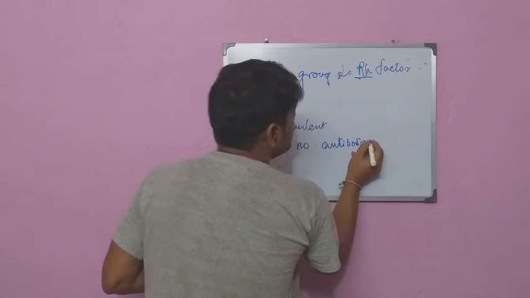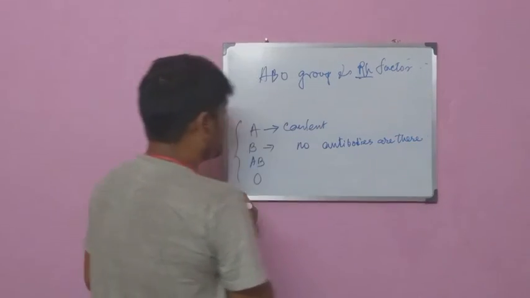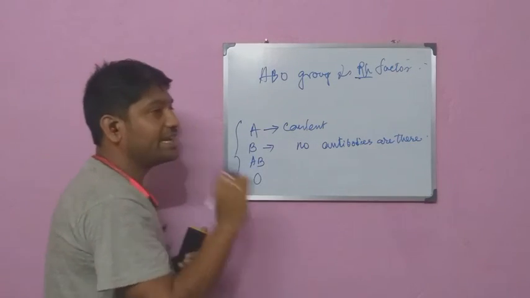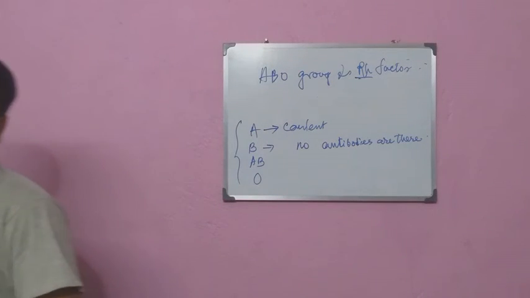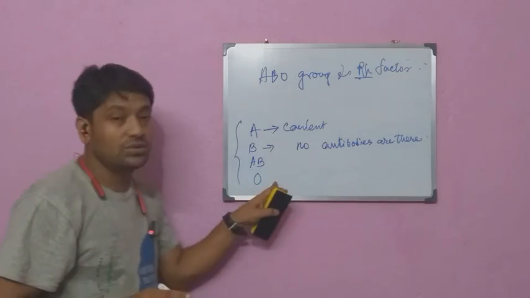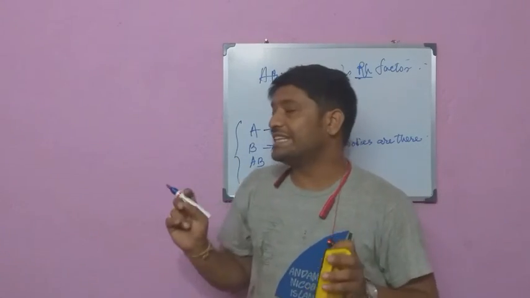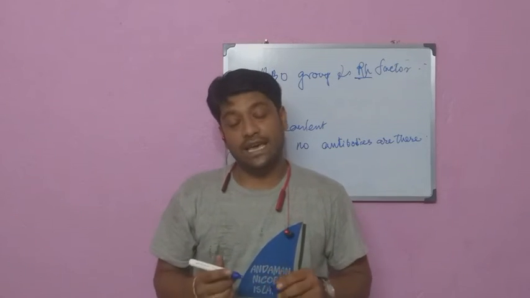And lastly, group O contains neither A nor B antigen, but both antibodies A and B.